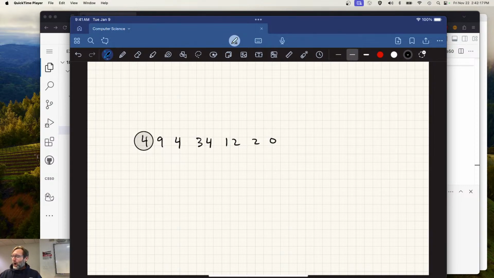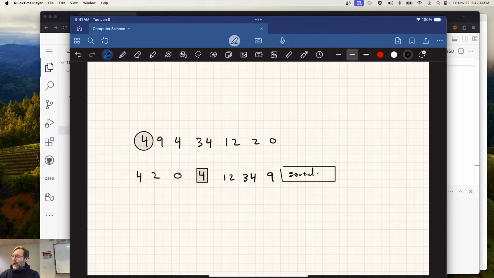And I'm basically rotating these elements around this pivot element right here. So 9 goes on the other side, 4 goes on that side, 34 goes on the right, 12 goes on the right, 2 goes over here, and 0 goes over here, and then I end up putting 4 right where it needs to be. And remember, we had other sorted stuff over here.